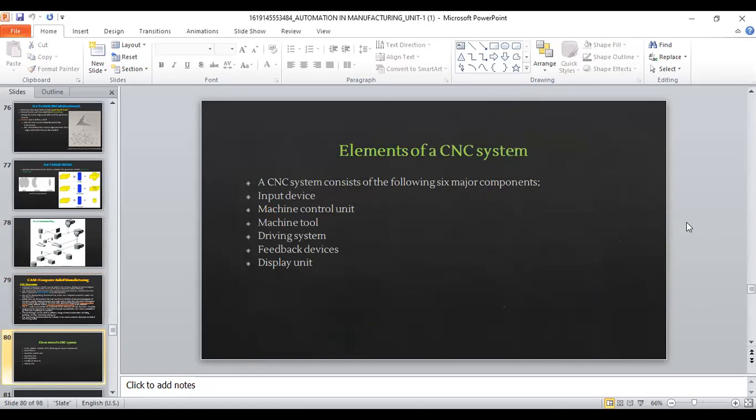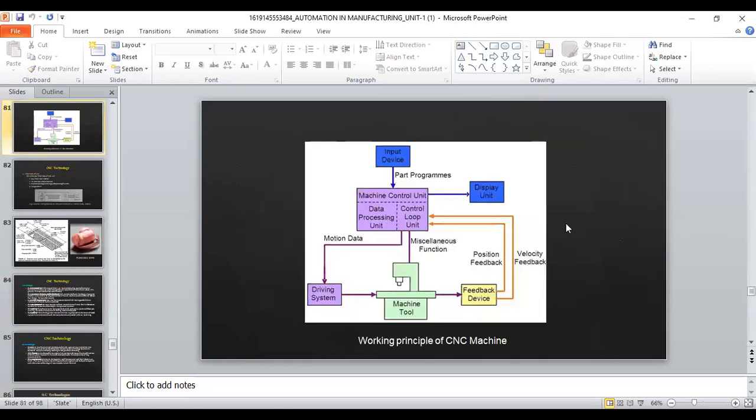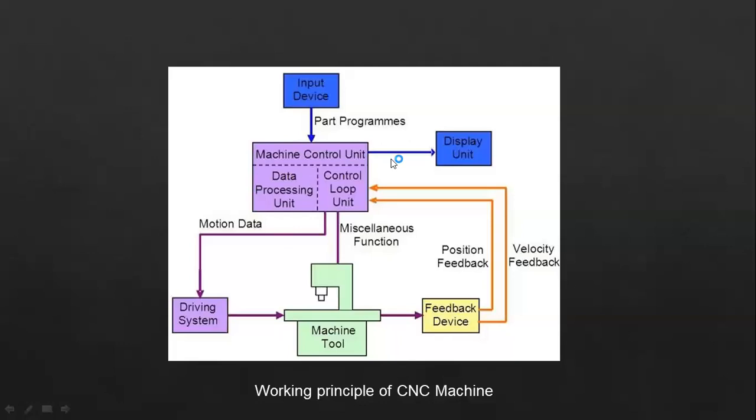We saw the different elements of the CNC system, right? Input device, machine control unit in this example, right? We have, let me slide show. So you have an input device which gives the part program. You have the machine control unit, which is the CPU of this system. So it controls the motion data.